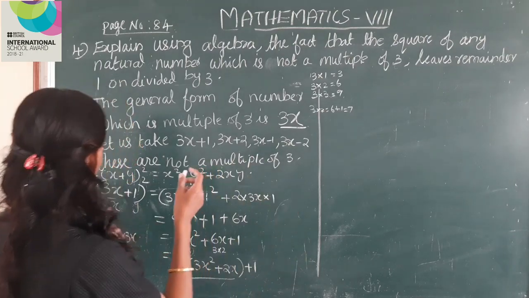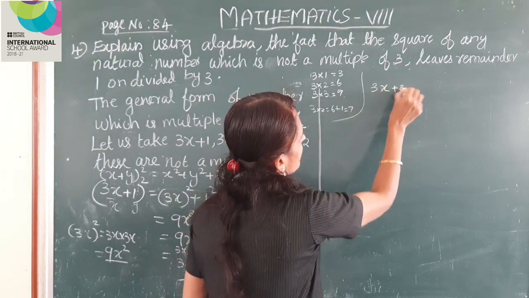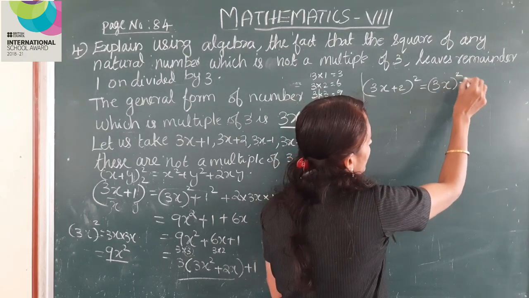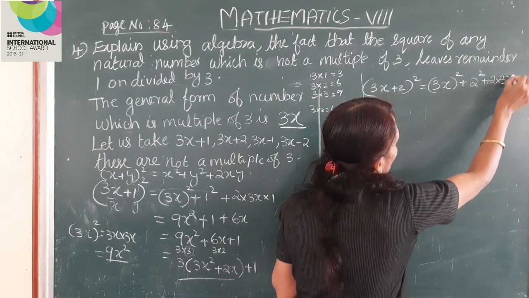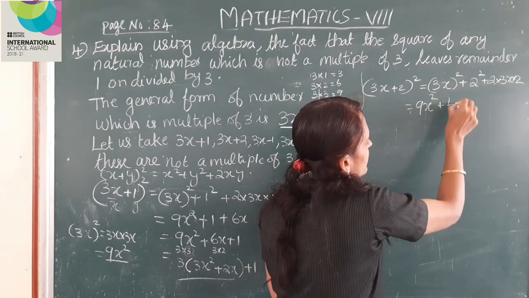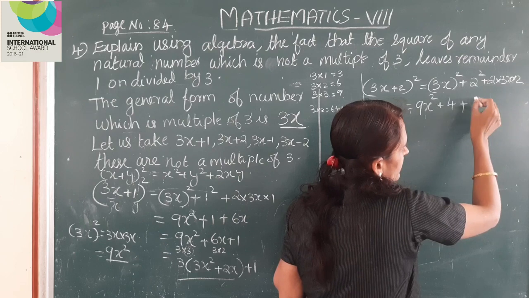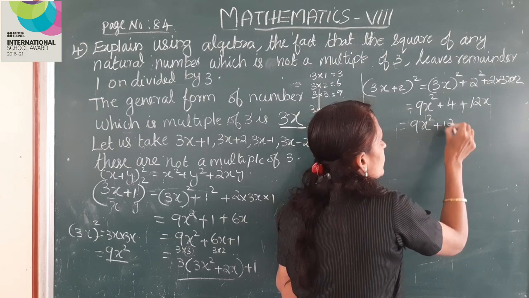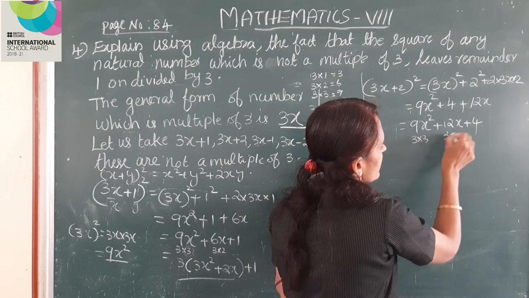Next, take 3x plus 2 whole square. This is equal to 3x square plus y square, 2 square, plus 2 into 3x into 2. This is equal to 3x square is 9x square plus 2 square is 4 plus 2 into 2, 4, 4 into 3x, 12x. This is equal to 9x square plus 12x plus 4. So here this is 3 into 3, this is 3 into 4.